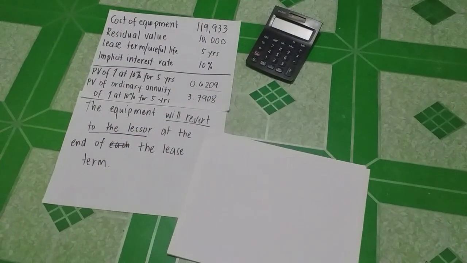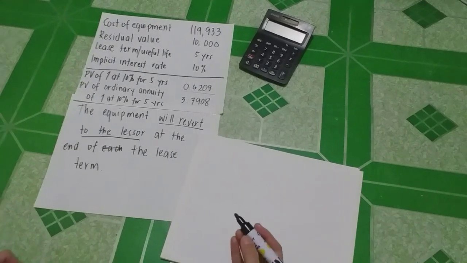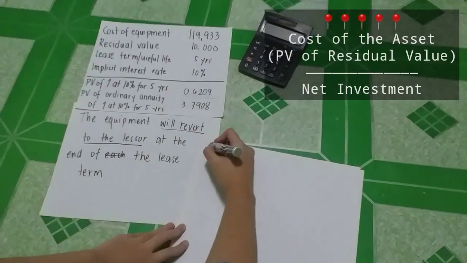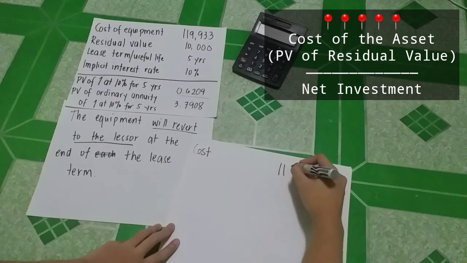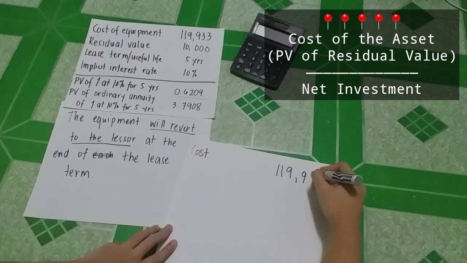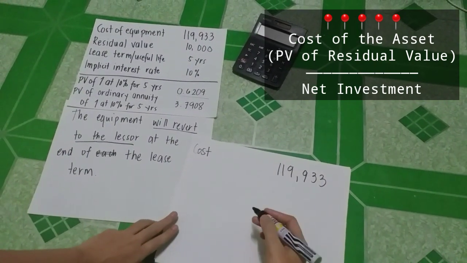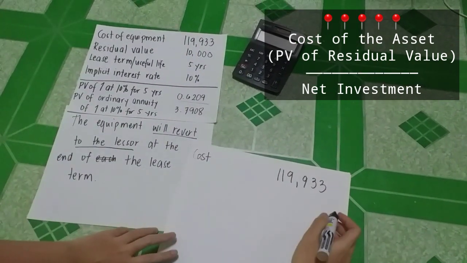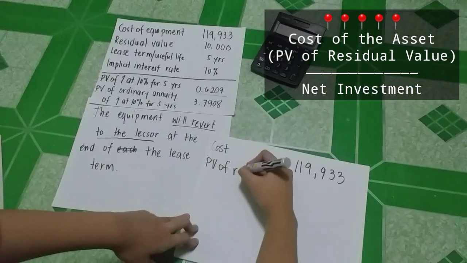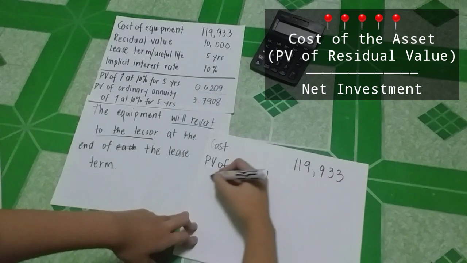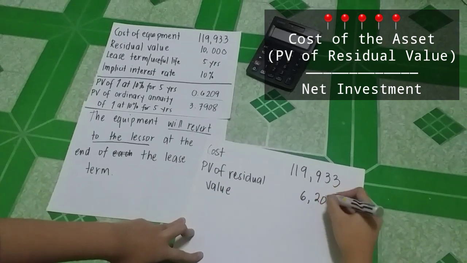So, para makahanap ang annual rental, we have here the cost of the equipment, 119,933. Then, kunin natin ang present value ng residual value. So, the present value of residual value is 6,209.